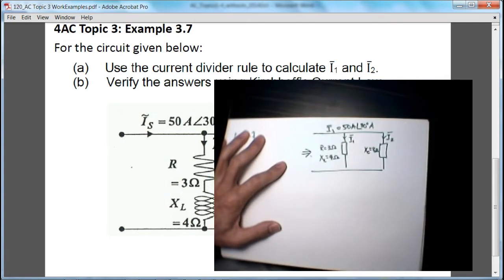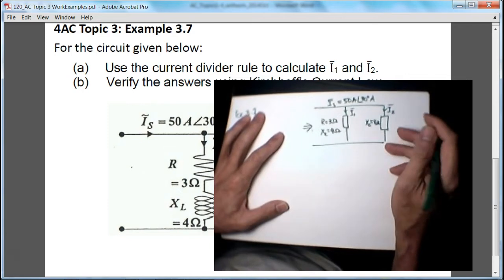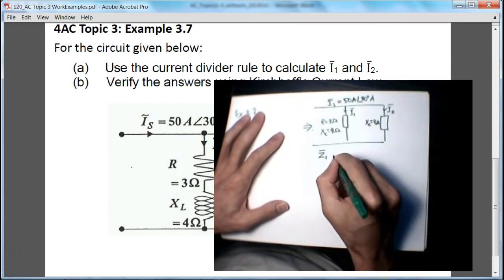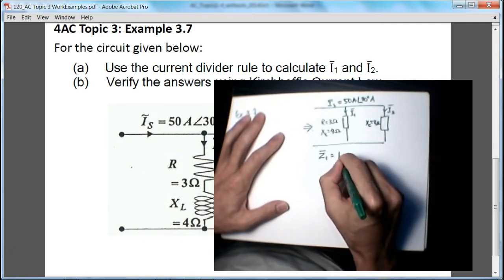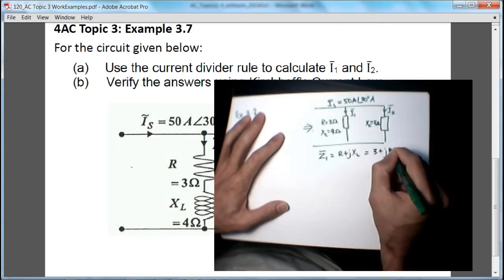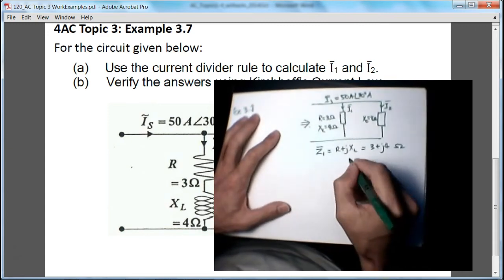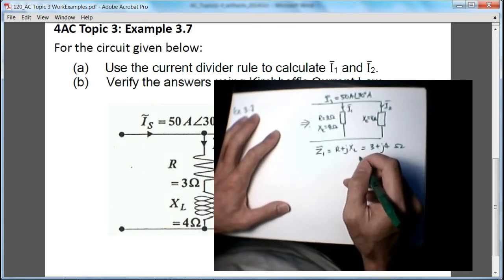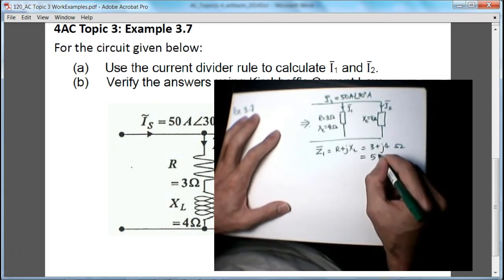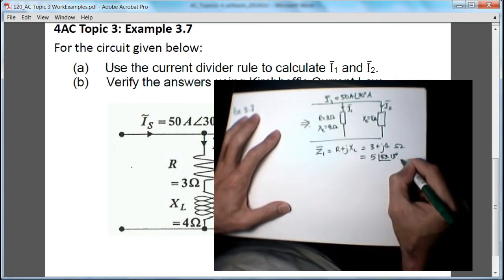So the first thing we should do is to calculate the branch impedances. Branch impedance Z1 is equal to R plus jXL, which is 3 plus j4 ohms in rectangular format, or in polar format 5 at an angle of 53.13 degrees.